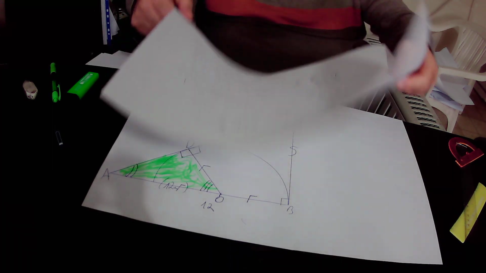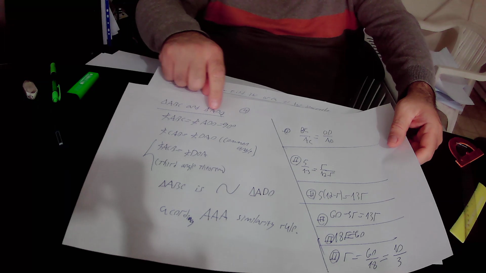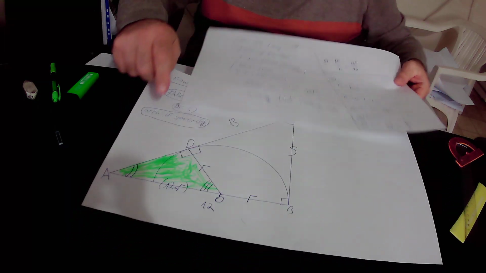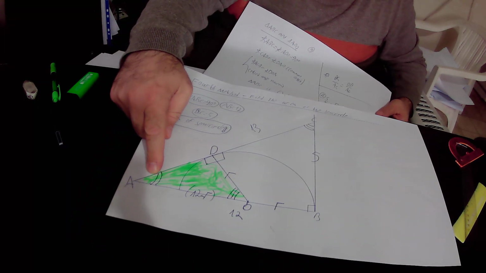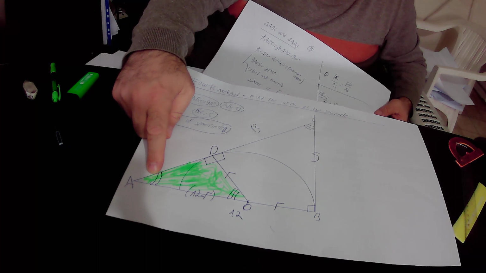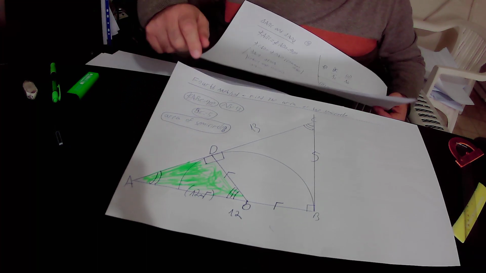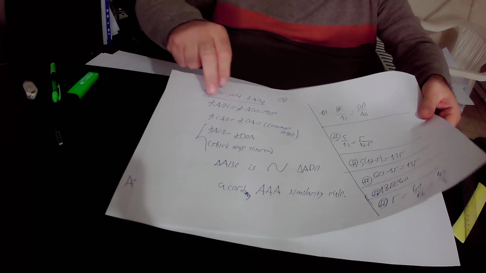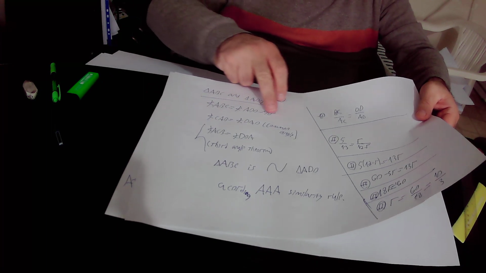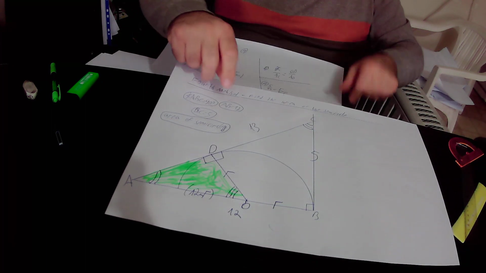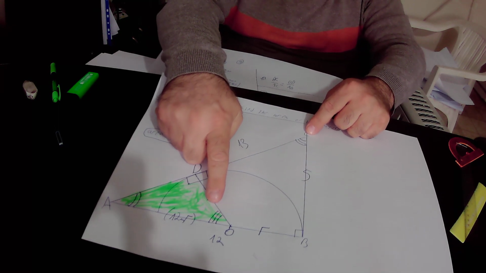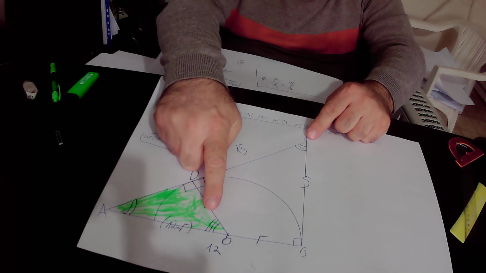This is to say angle ABC equals angle ADO equals 90 degrees. This angle is a common angle, it belongs to both triangles, so this angle equals itself. We can also write down that angle CAB equals angle DAO, that is a common angle.